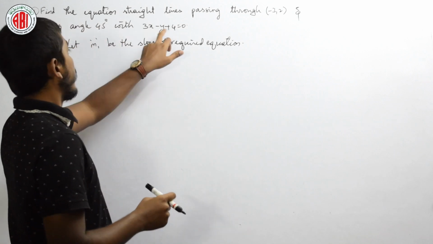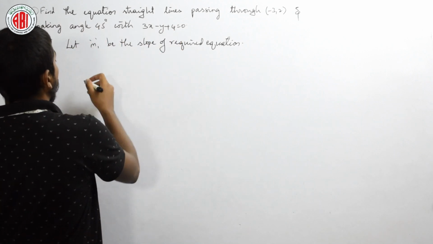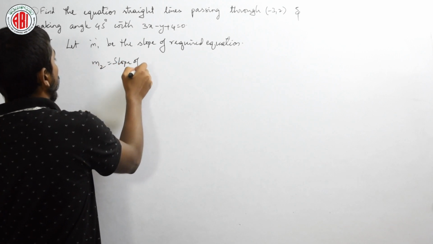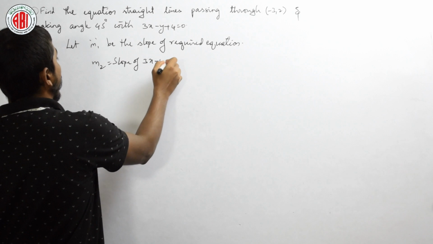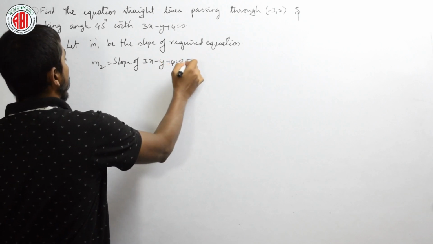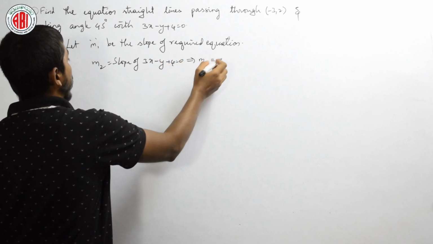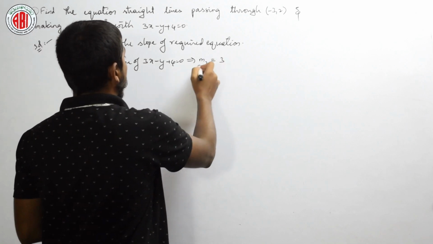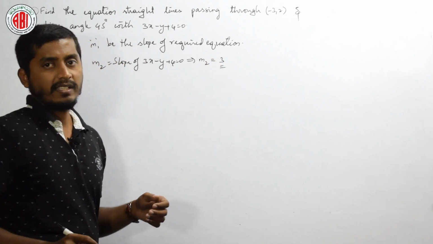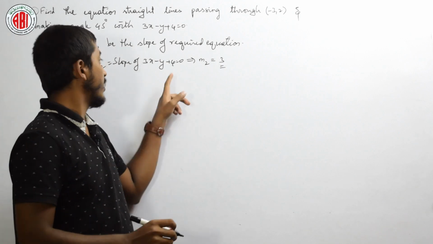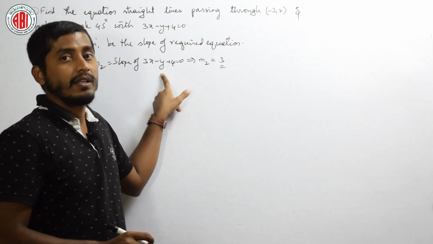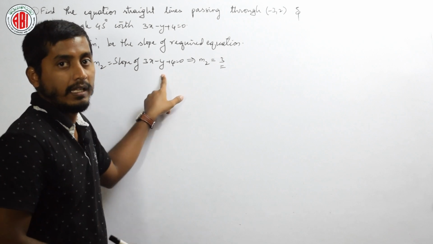That is 3x minus y plus 4 equals 0, and let m2 be the slope of 3x minus y plus 4 equals 0, that is m2 is minus 3 by minus 1, which is nothing but 3. Is it clear? What is the slope of an equation? Minus a by b, that is minus 3 by minus 1. Is it clear?